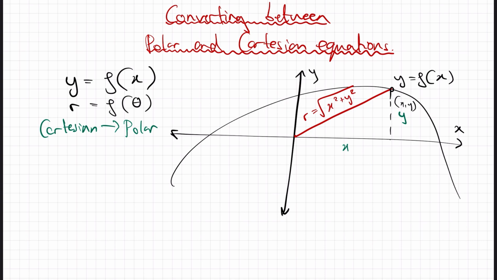Now we also want to work out what theta is. That's this angle here, and using trigonometry, it's going to be arctan of y over x. These are our equations which link r and theta to x and y.